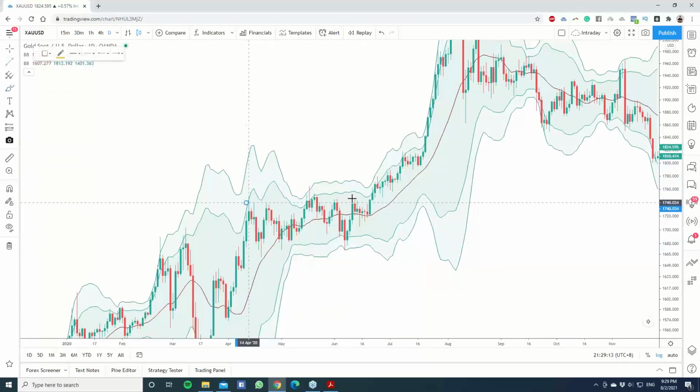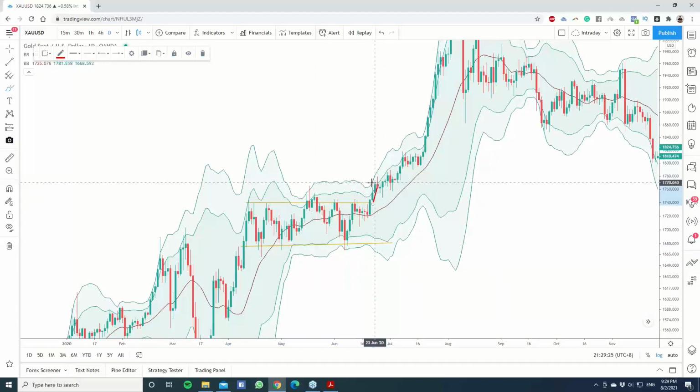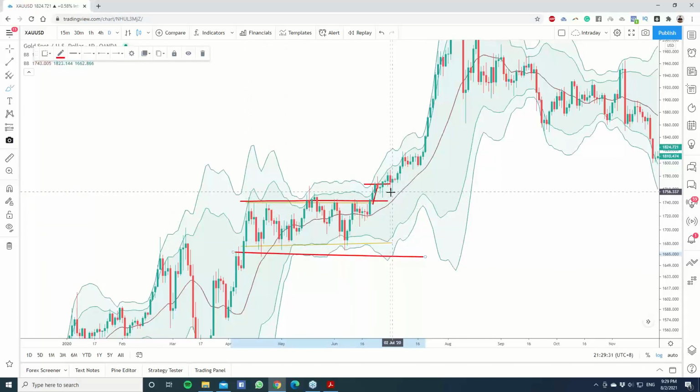A simple technique is you can use some line tools to help you, and you can see after this sideways move, the squeeze happens. This is where the breakout happens, this move up. So you can see it broke out of this entire sideways move. And not only that, do you see the Bollinger Band expand? That's important, right?